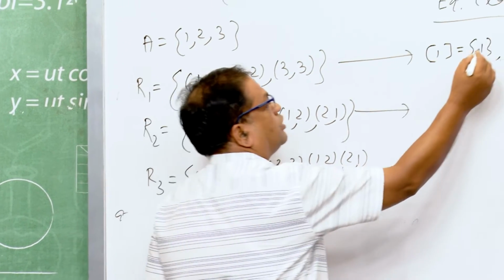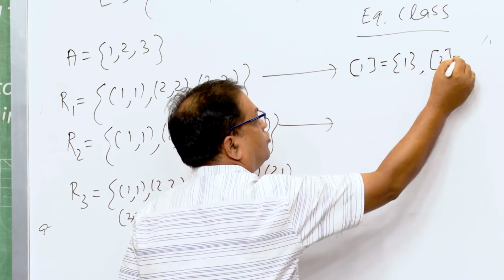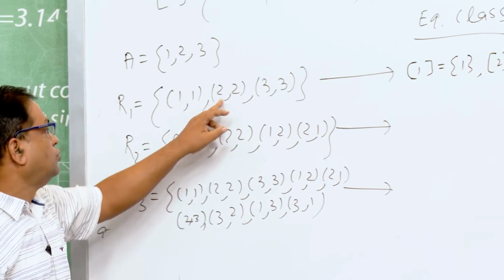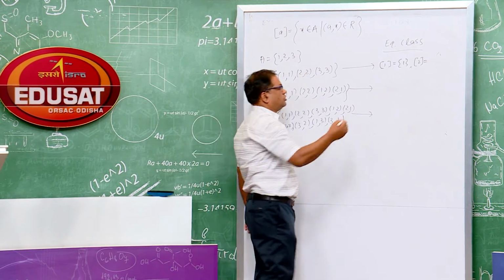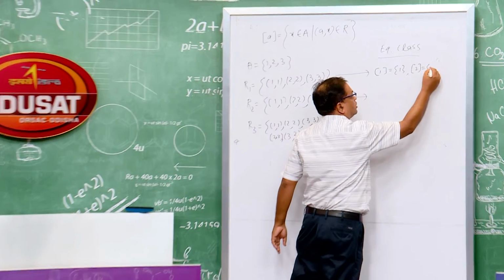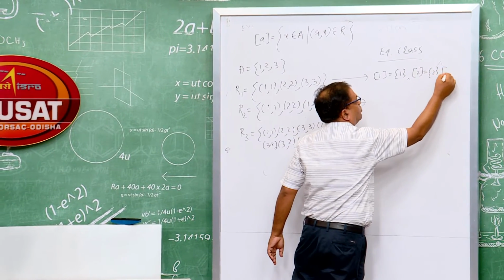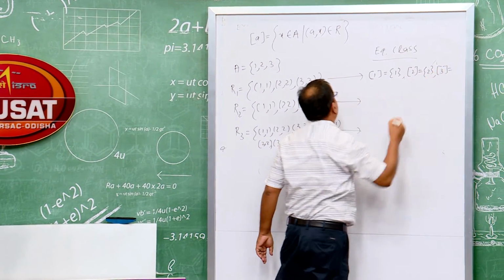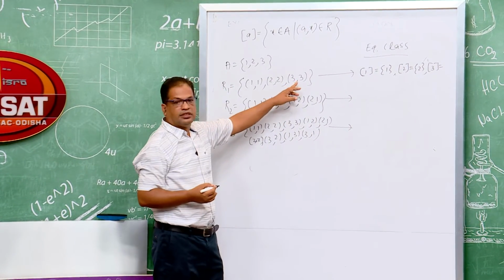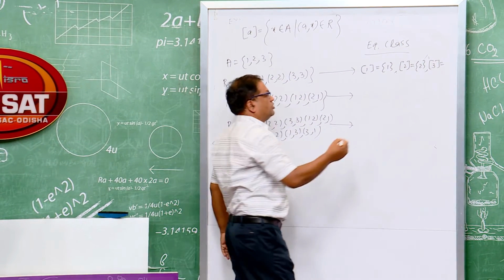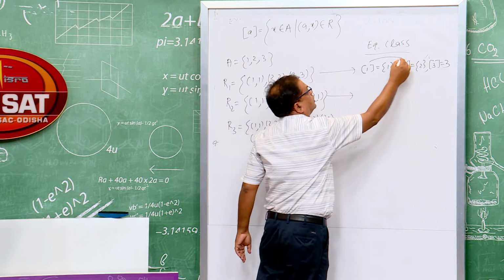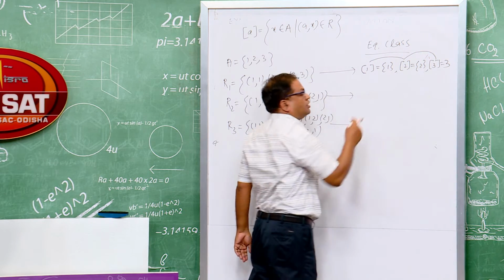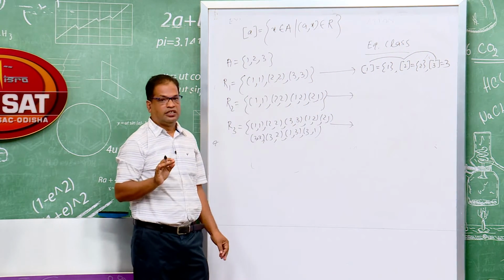Similarly, what is the equivalence class of 2? 2 is related to 2, and 2 is not related to any other element. So, the equivalence class of 2 is {2}. Similarly, the equivalence class of 3 is {3}, as 3 is related to 3. So, what is the number of equivalence classes here? Here we have 3 equivalence classes, each containing a singleton element.